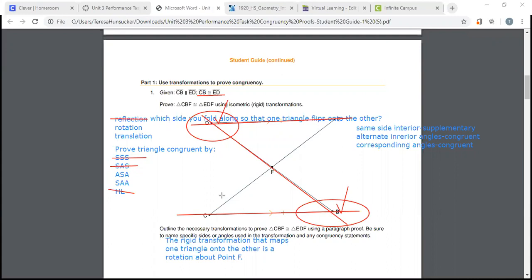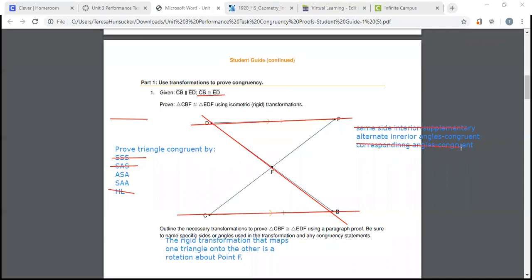So it can't be corresponding angles either. All right, so let's see if we can find what's left. There's alternate interior. So we know it's not same side interior. We know it's not corresponding angles.